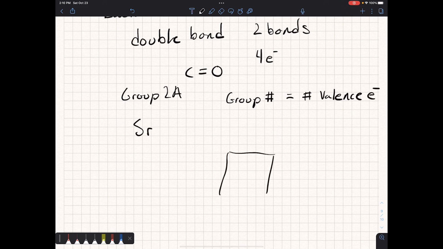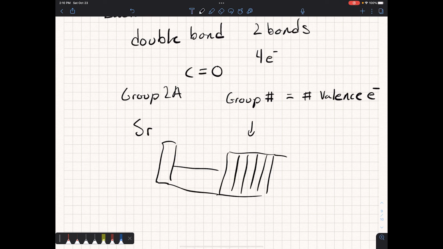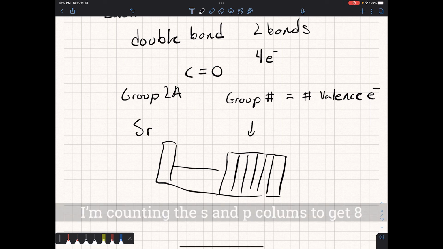You do have to remember though that when we get to the right side of the periodic table, right, the periodic table kind of looks like this. Over here, we're going to have these columns: 1, 2, 3, 4, 5, 6, 7, one more, 8.